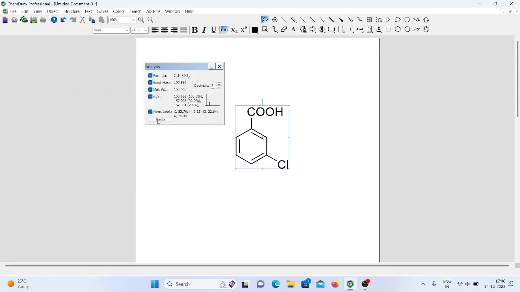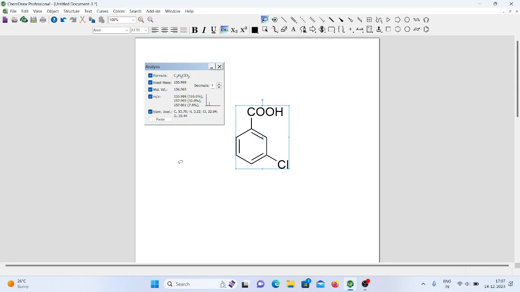See here what happens, one window has appeared or not. This data is related to mass spectral analysis. Already we know that what is the main aim of the mass spectrometry. The mass spectrometry is useful for the identification of molecular weight of the substance.